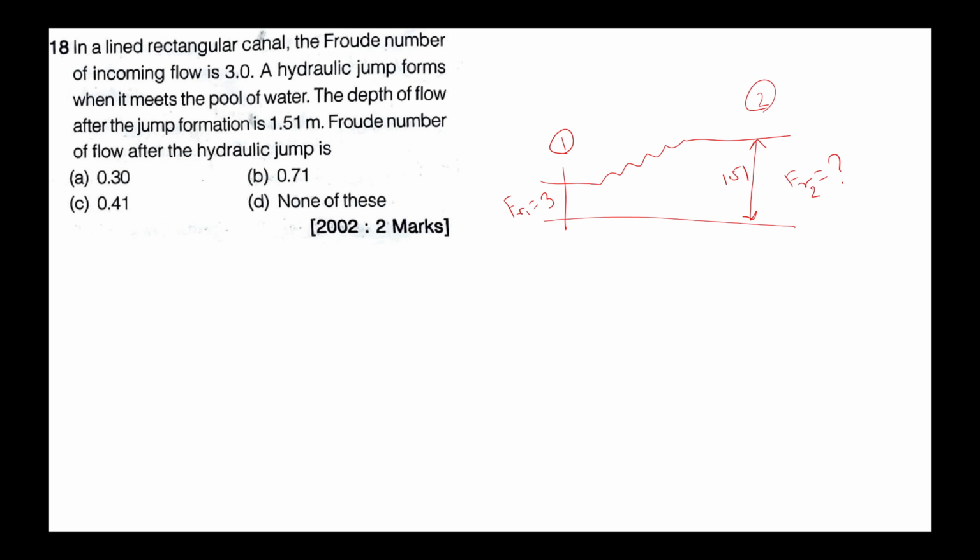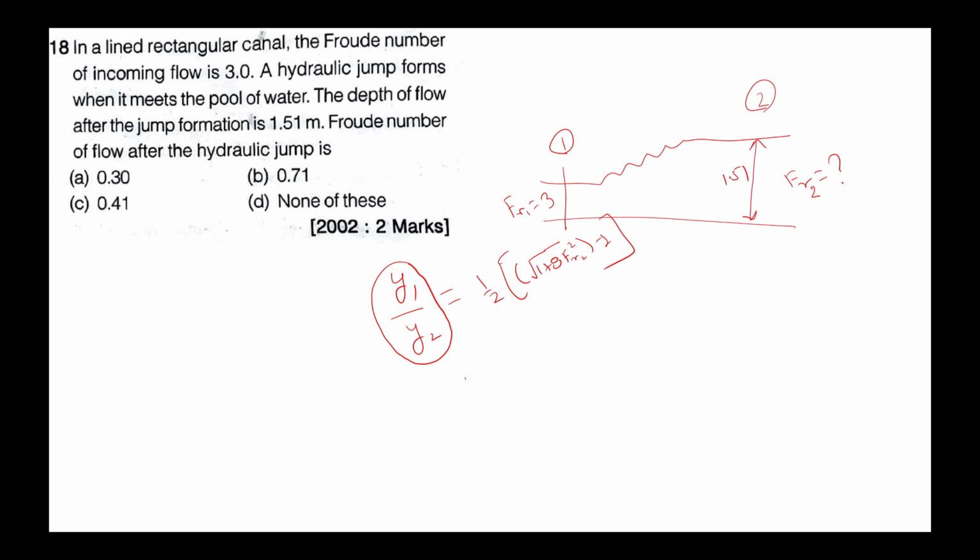So what is the relation? Relation you already know, y1 divided by y2 equal to 1 by 2 root of 1 plus 8 Fr2 square minus 1. So from here you can calculate Fr2 if somehow you will calculate the ratio of y1 and y2.